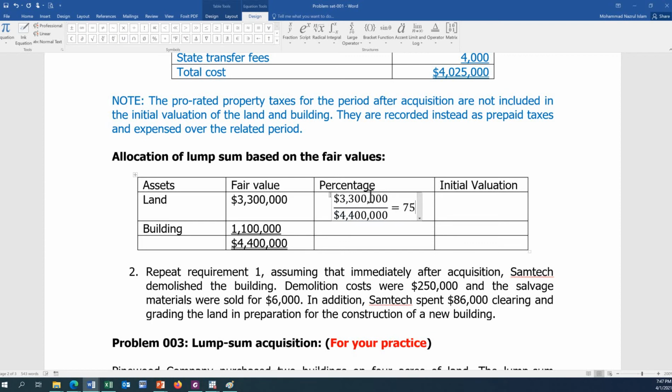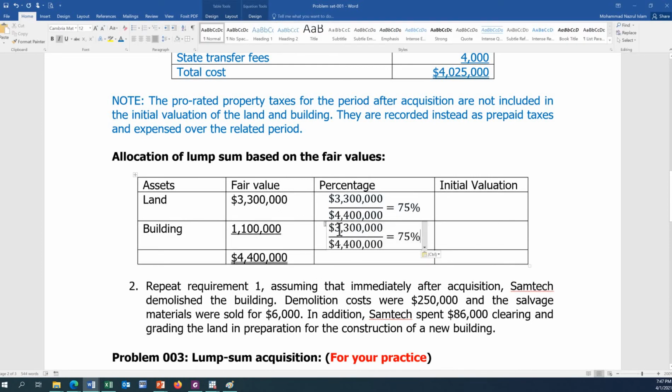Its percentage is gonna be 75. And here the percentage we can easily say is 25%, because 75% is for land, so the 25% would be for building. So the initial valuation would be equal to, let's make this one smaller.